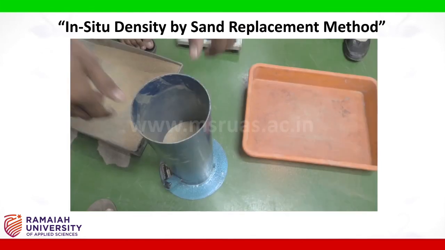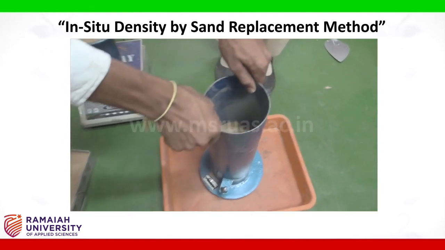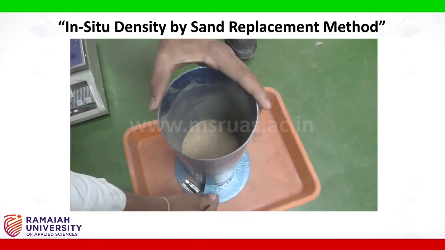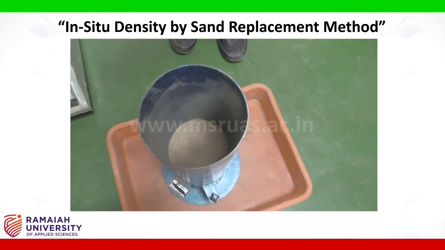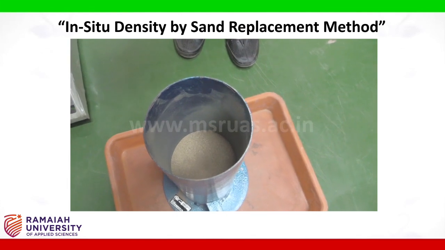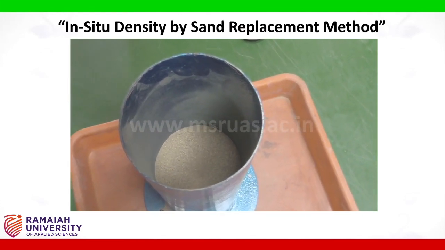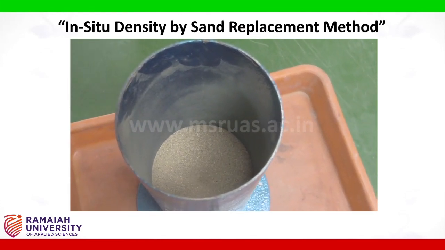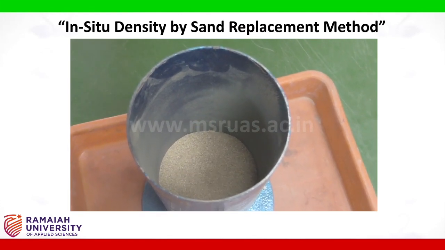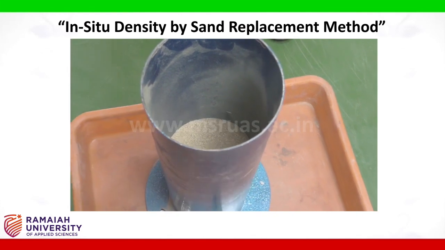For that, we have to keep the sand pouring cylinder in the tray and open the valve again. Once the valve is opened, the sand will be moving down, filling the conical portion in this sand pouring cylinder. Once the movement stops, close the valve.